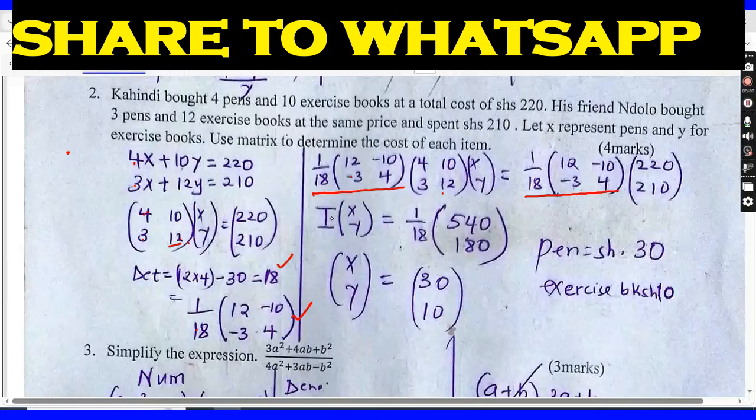Remember when you multiply a matrix and its inverse, you get the identity, which is 1, 0, 0, 1. Then you multiply, and you get the values of x and y, as you can see there.